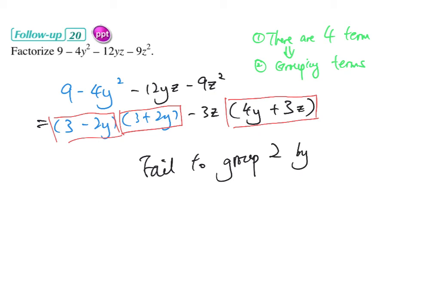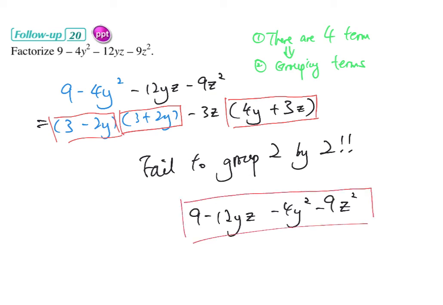So we fail to group 2 by 2. Sure, you can try to group other combinations, let's say this and this. You can try, but we will just try not using this grouping method.